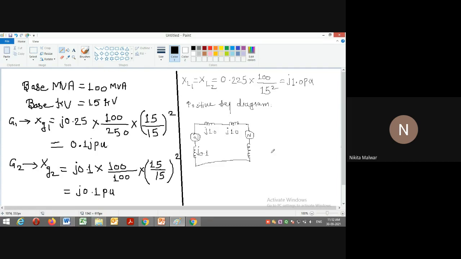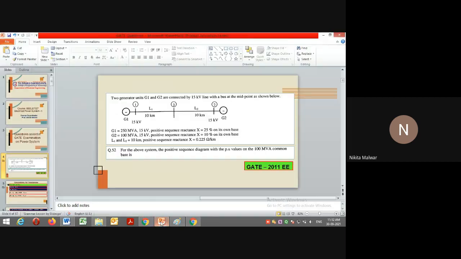And what is the reactance value for generator G2? You will find J 0.1. So let's match these equipments with the values that we have already found with the options.